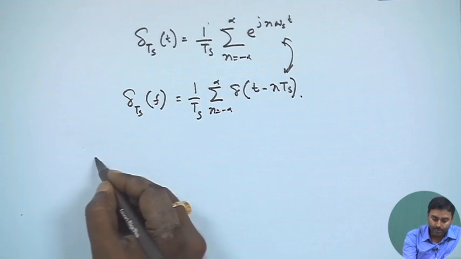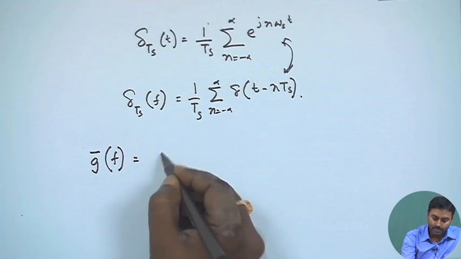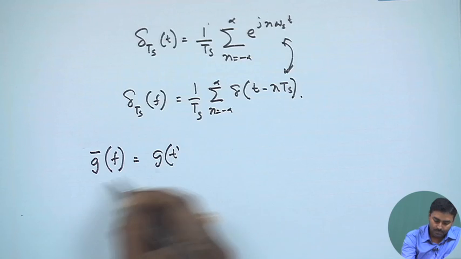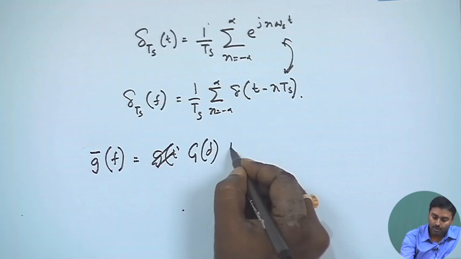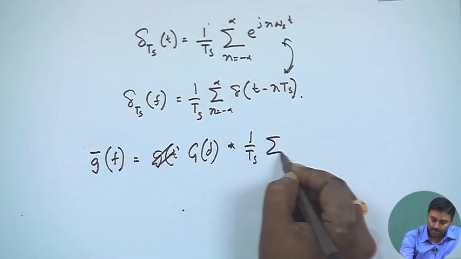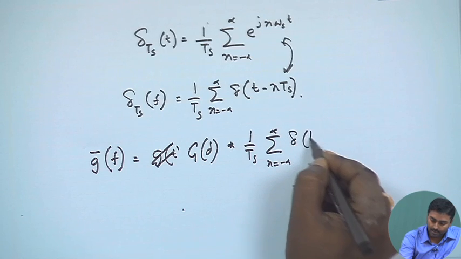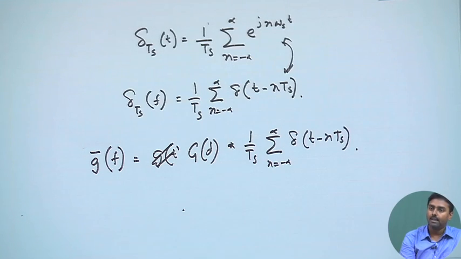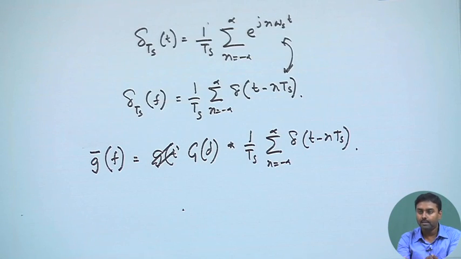Now, I need to find out this g bar f, which is G f, or maybe capital G f, convolved with this, which is 1 by Ts summation n minus infinity to plus infinity delta t minus n Ts, right. I can write it this way. Now, the convolution is an integration and this is a summation, these two do not depend on each other. So, I can interchange them.